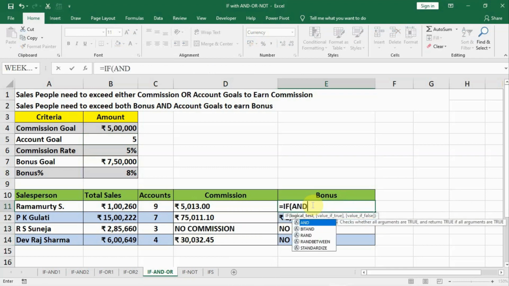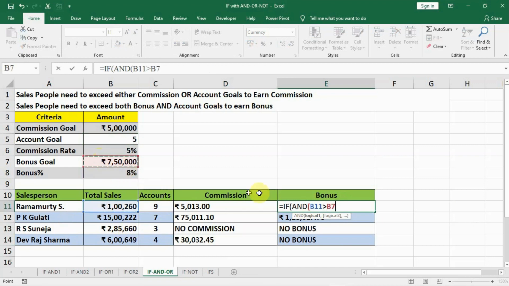First is AND, bracket open, and the sales should be greater than the bonus goal, comma, accounts should be greater than or equal to account goal, and sales should be greater than or equal to sales goal.